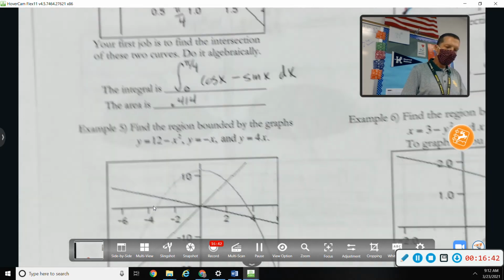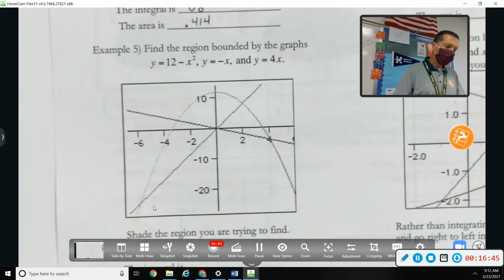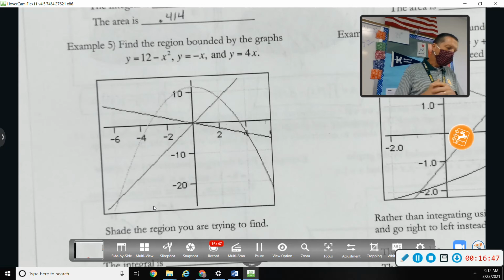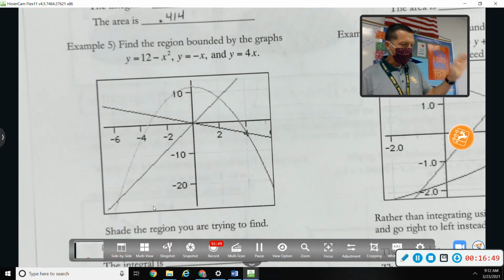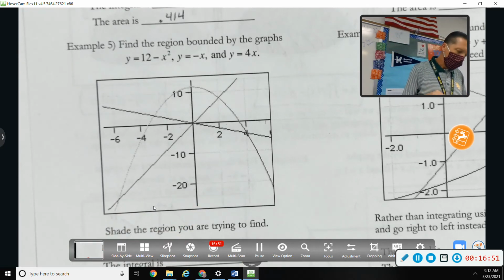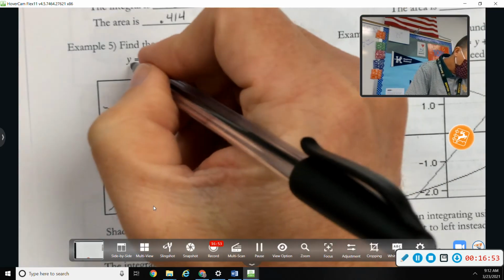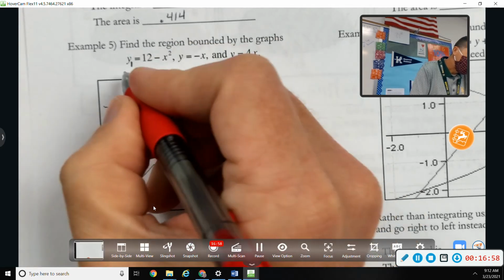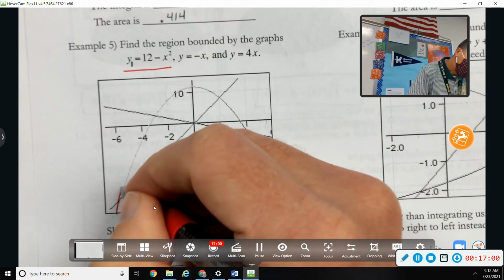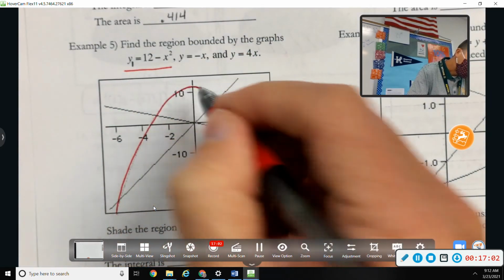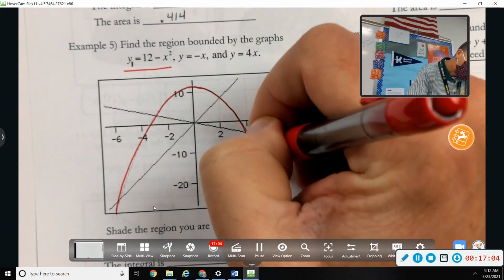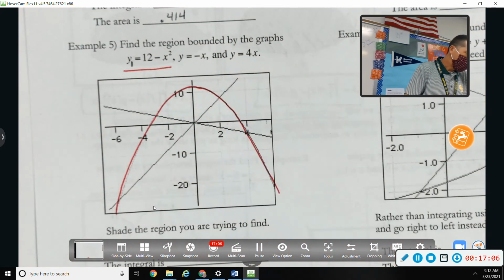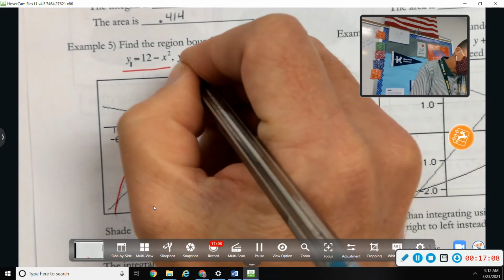All right, let's look at number 5. Speaking of splitting them up, find the region bounded by the graphs of all of that stuff. 3 of them. So y1 is the only one that's a parabola. So that one's an easy one to identify. y2 equals -x.